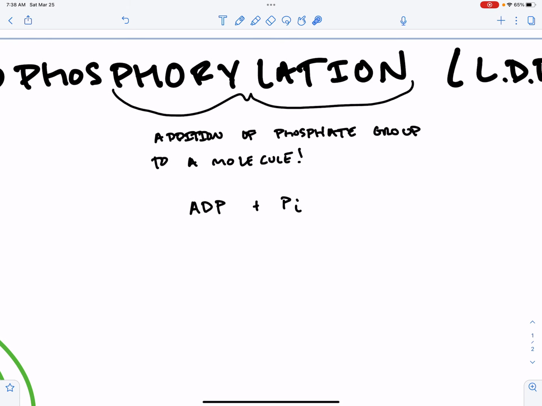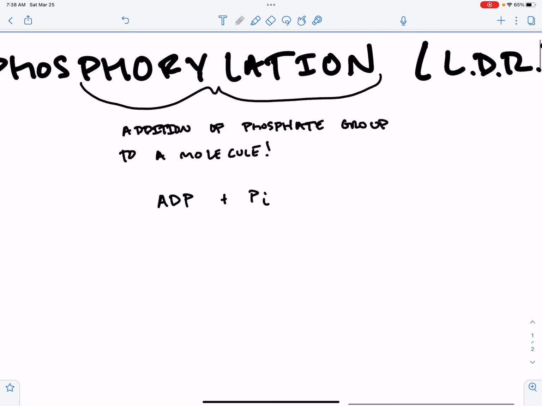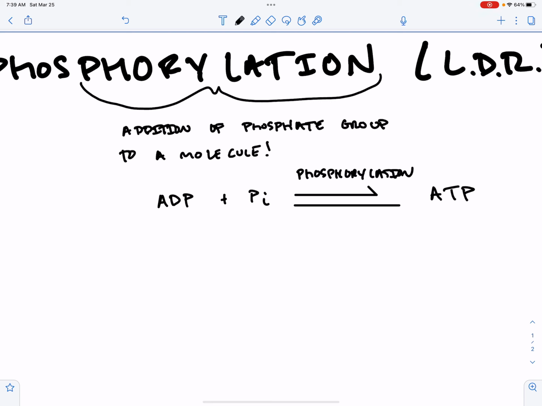There's no carbon in here, which is why it's inorganic. It's just phosphate and some oxygens. So if we attach the phosphate group to the ADP, we perform phosphorylation. And we make ATP.